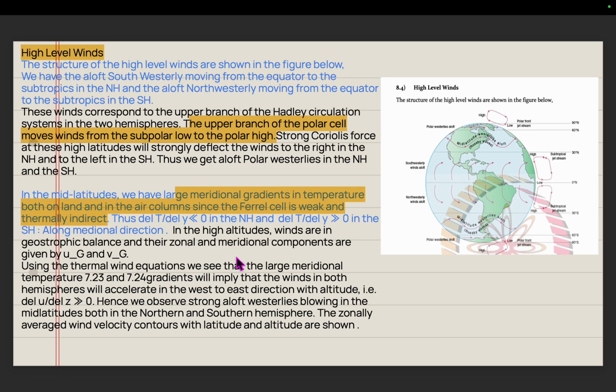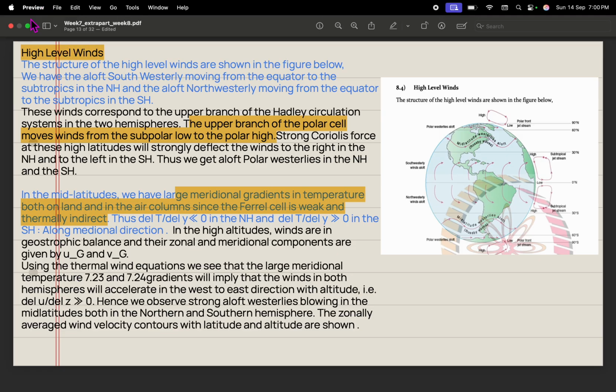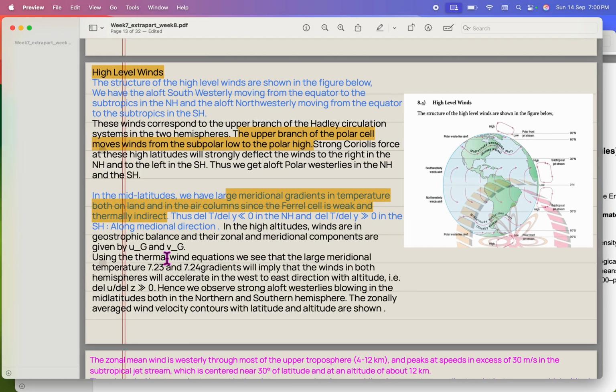So now in that sense you can write the equations of u_g and v_g, that are the geostrophic balance equations, as the zonal and the meridional components. And using this thermal wind equation, we see that the large meridional temperature gradients in 7.23 and 7.24 would imply that the winds in both hemispheres will accelerate in the west to east direction with altitude, that is del u by del z is very much greater than 0.